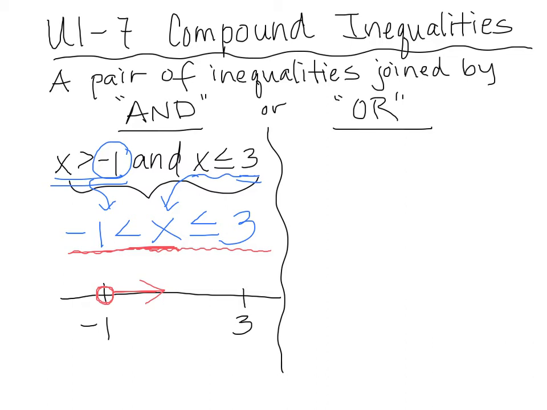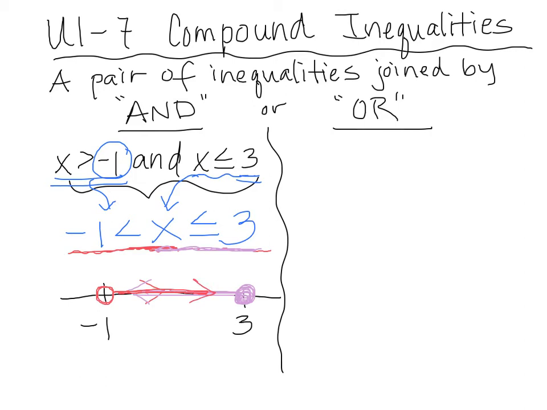And then the second inequality is that x is less than or equal to 3. Now that means a closed circle on 3 and less than, which would mean shading to the left. Now notice these two intervals are overlapping, the purple and the red.